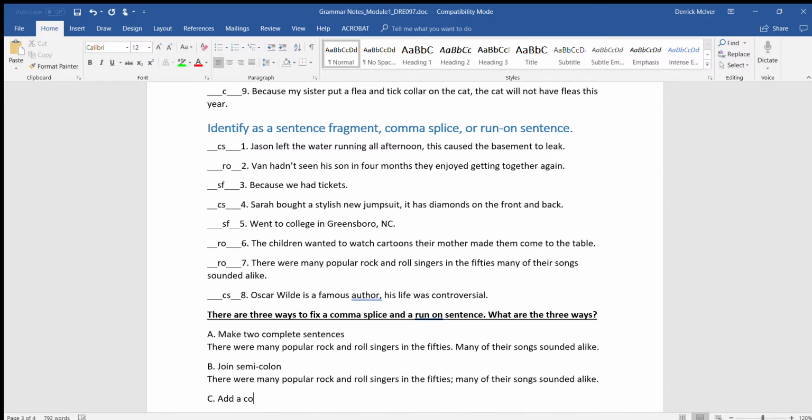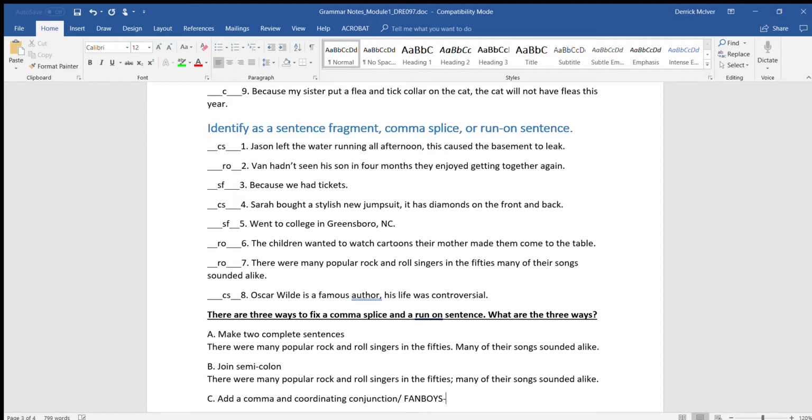add a comma and a coordinating conjunction. A coordinating conjunction is what we call fanboys. Okay? Fanboys is an acronym that actually names coordinating conjunctions.